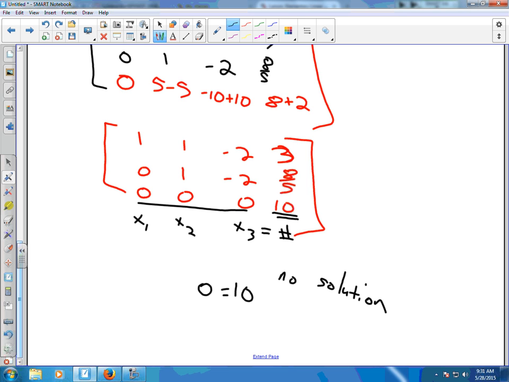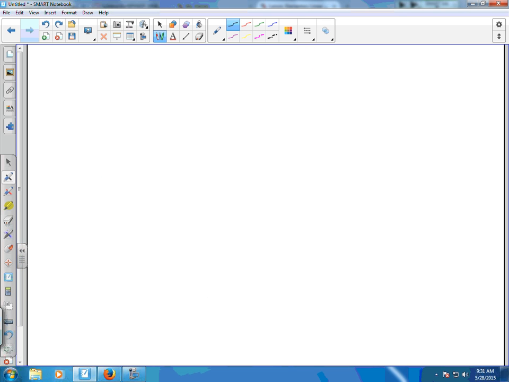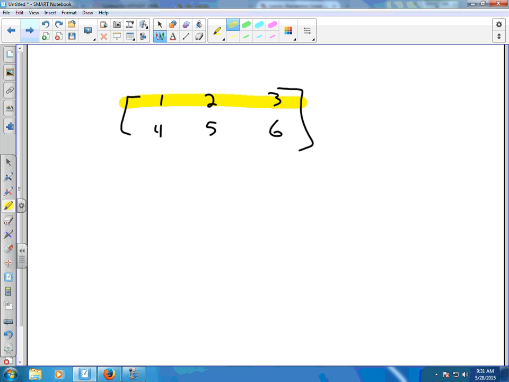So now that we've used a matrix, let's go back and discuss the matrix a little bit. We said this already, but hopefully you know that going horizontal, those are called rows.